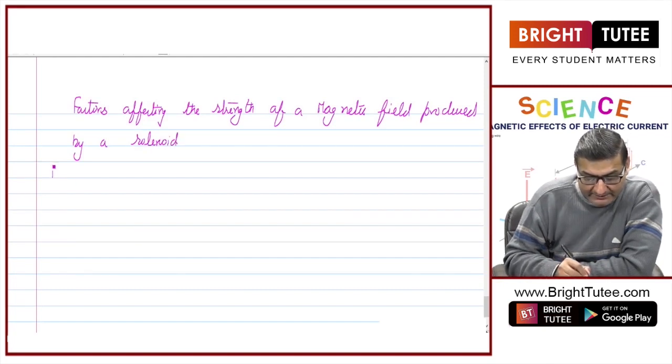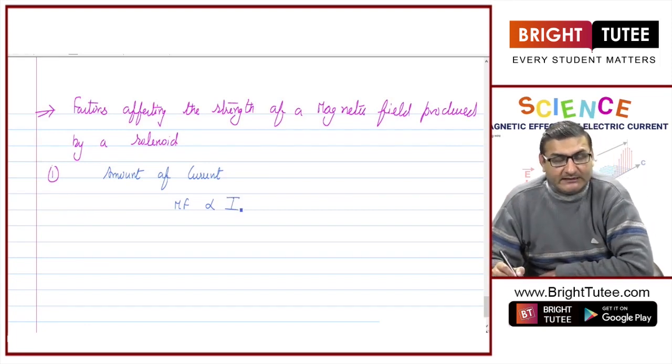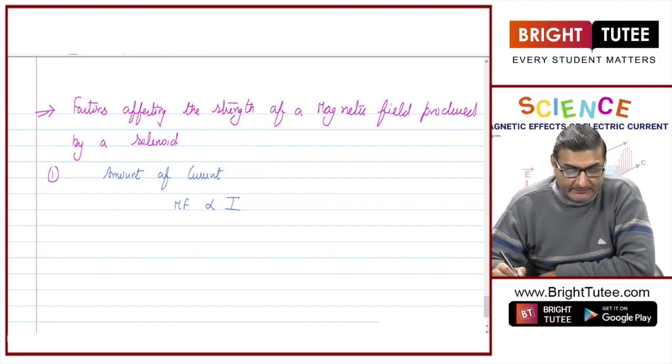Right. Now, in case of a solenoid, the first important factor, as it always has been, is of course the amount of current. And the magnetic field is always directly proportional to amount of current. That is, the more is the amount of current, the stronger will be the magnetic field.